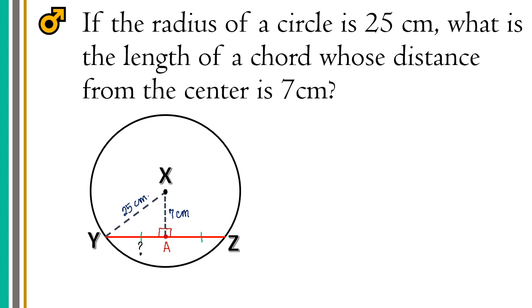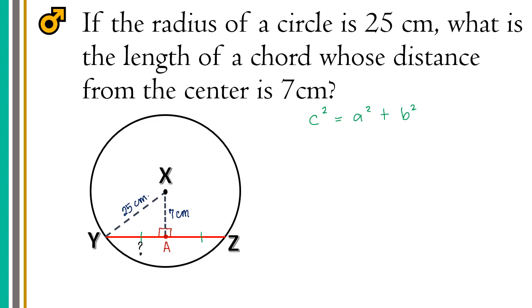So let us see what formula we are gonna use. Based on the given data, since we do have the measures of two sides of the triangle, let's make use of the Pythagorean theorem. So we are more particular with c squared equals a squared plus b squared. But let's be more specific, writing the corresponding segments for each letter in our given formula.